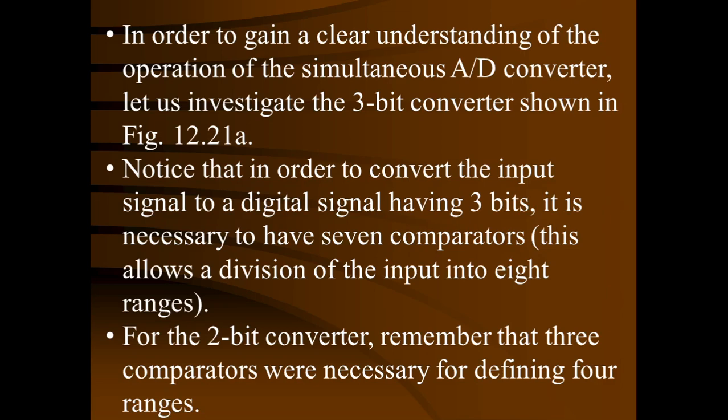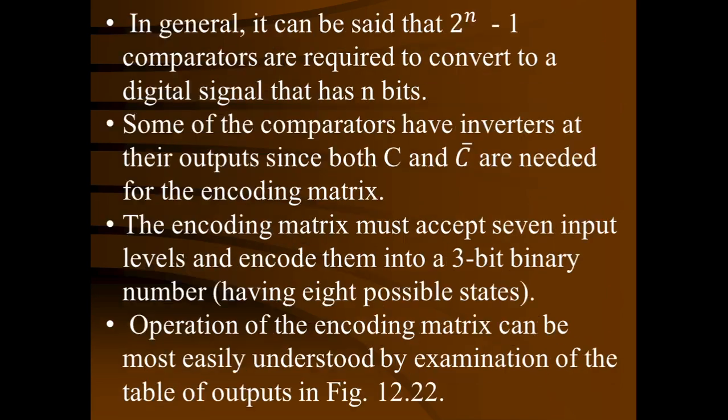This allows a division of input voltage into 8 different ranges. For the 2-bit converter, remember that 3 comparators were necessary for defining 4 ranges. So, in general, it can be said that 2 raised to n minus 1 comparators are required to convert to a digital signal that has n bits.